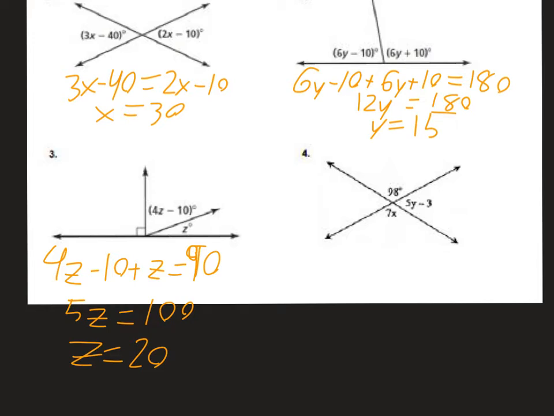Number four, we want to find x and y. We're going to use our linear pairs and our vertical angles to do this. Vertical angles, because 98 must equal 7x. So x must equal 14.